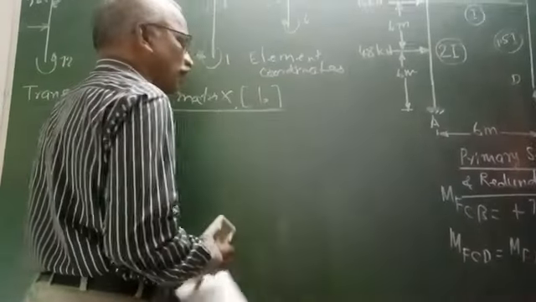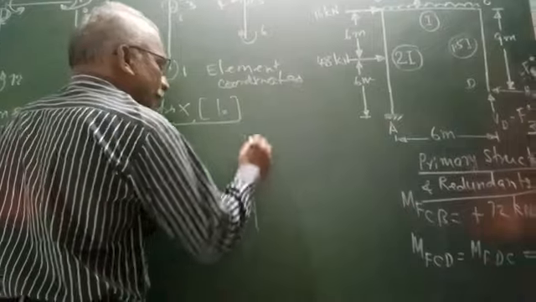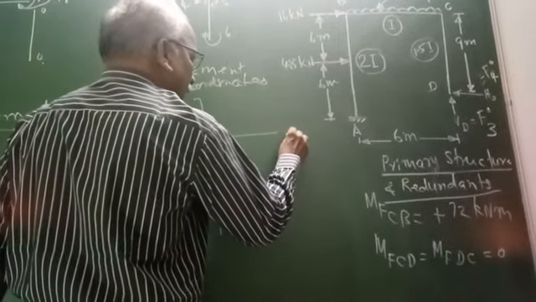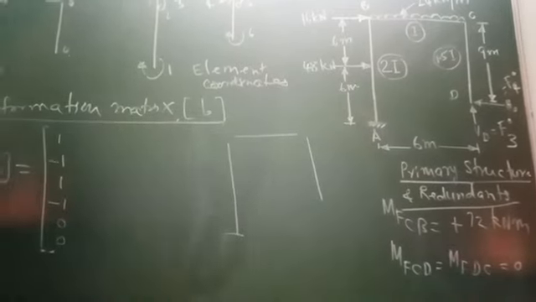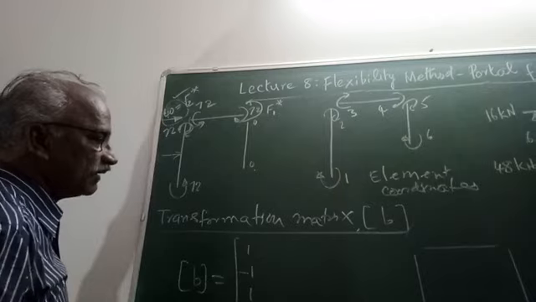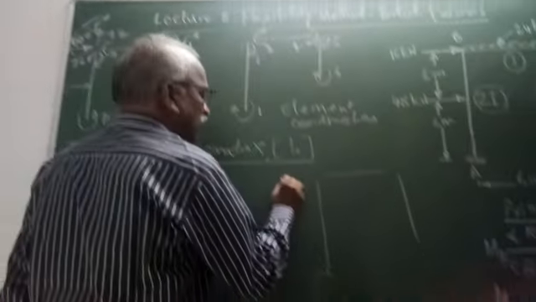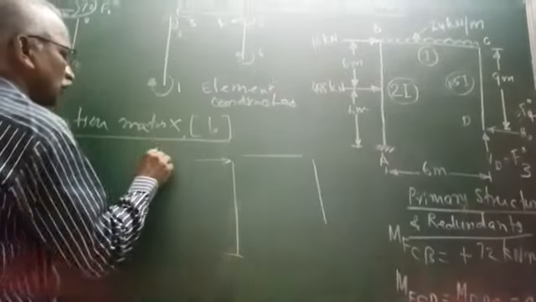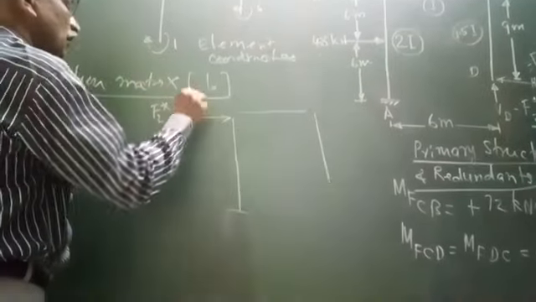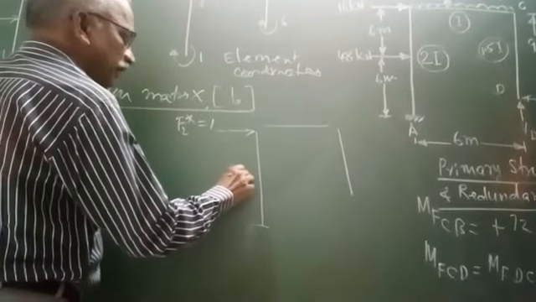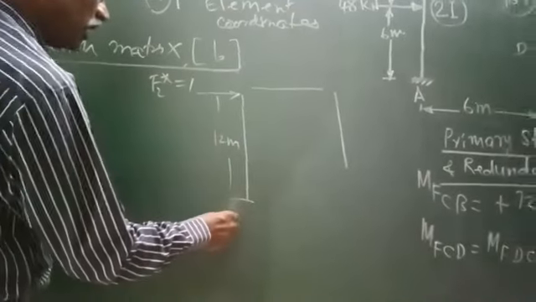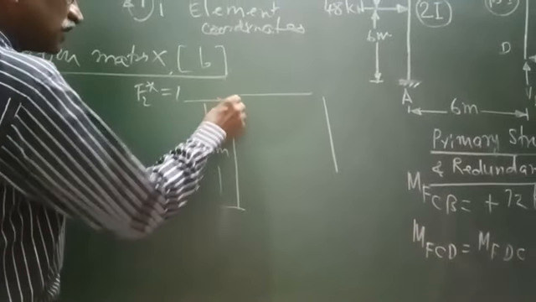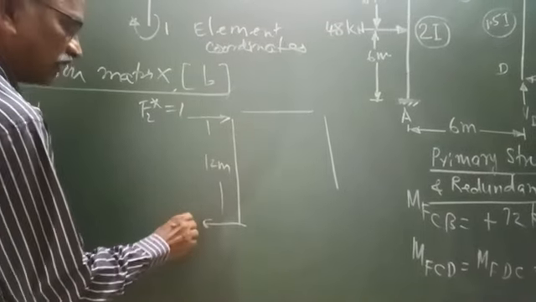Now coming to the next one. Now this is fixed here. So we have to apply a horizontal force F2 star equal to unity. So this is 12 meters. So for member equilibrium, when this is 1 towards right, here it will be 1 towards left.